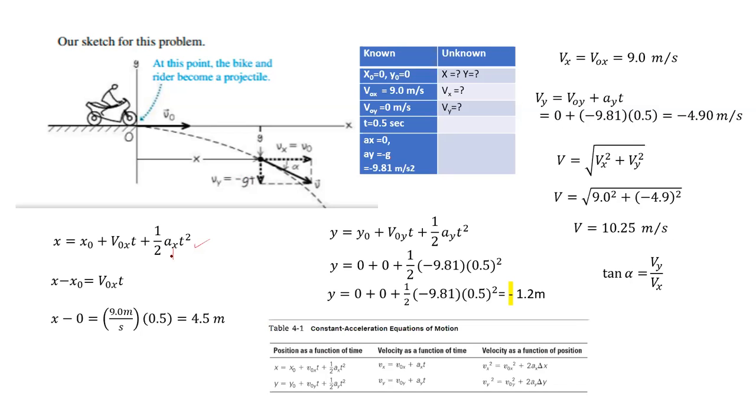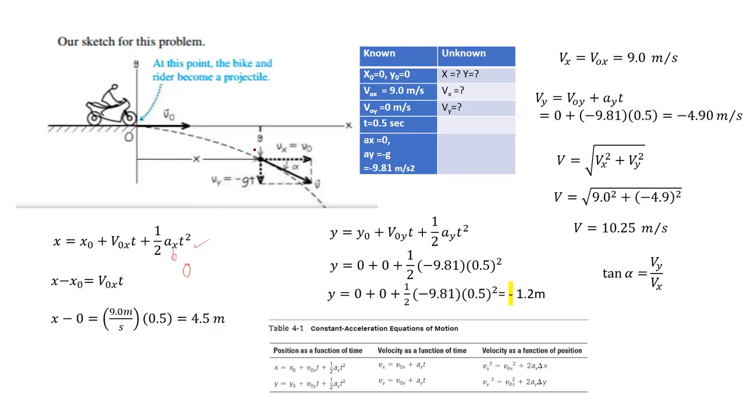I make this 0. x minus x naught, where x naught is your initial point, your starting point, you can say this is 0, and I'm trying to figure out after time 0.5 seconds. I know the initial velocity, and I figure out that after half a second horizontally you have moved 4.5 meters. Okay, that part is done.